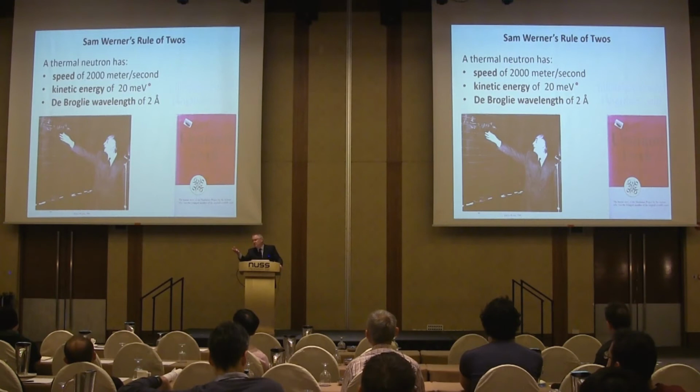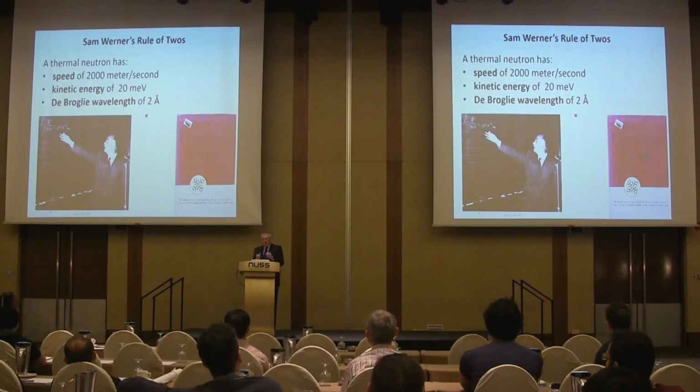Do you agree, Christian? And then a corresponding de Broglie wavelength of 2 angstroms, or 0.2 nanometers. So the thermal neutron has a de Broglie wavelength that's similar in size to the spacings between atoms in bulk matter.